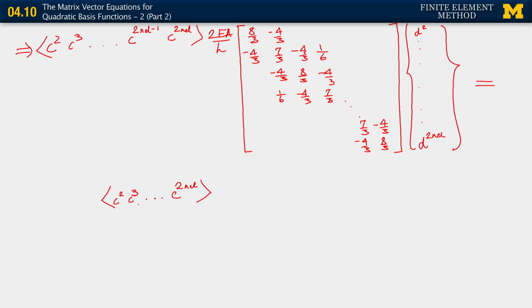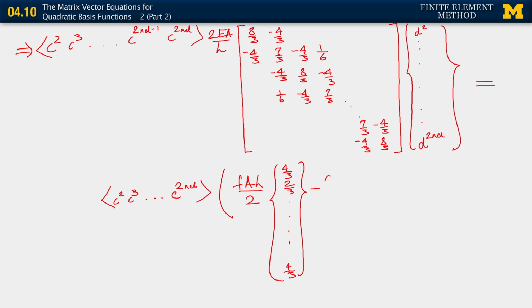Multiplying FAH over 2, the vector here from the distributed forcing is 4/3, 2/3, all the way down until it ends in 4 over 3 at the mid-side node of the last element.